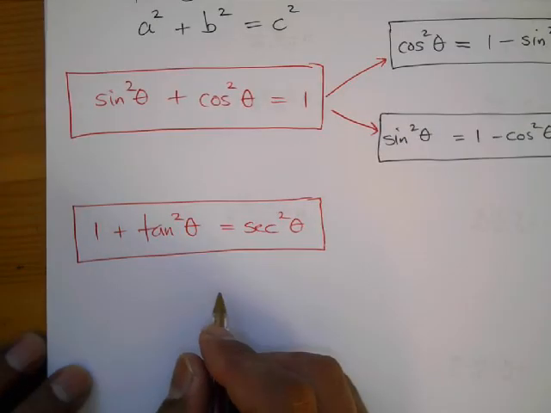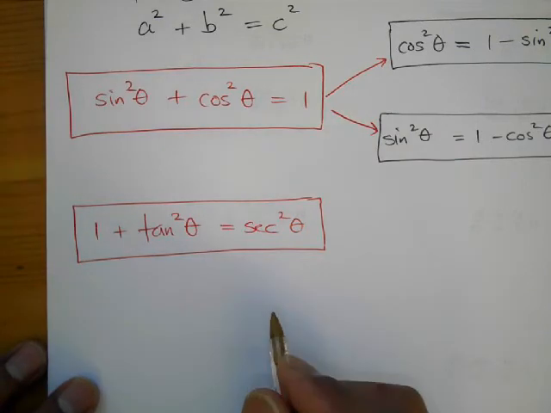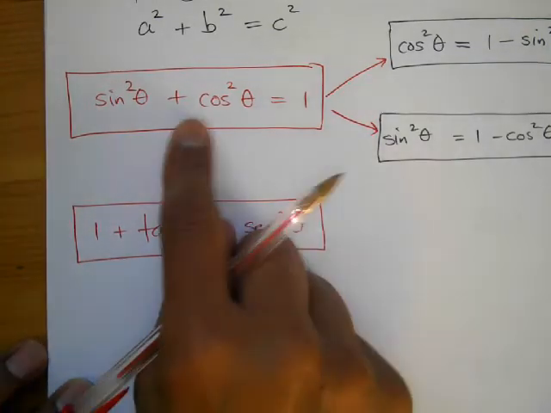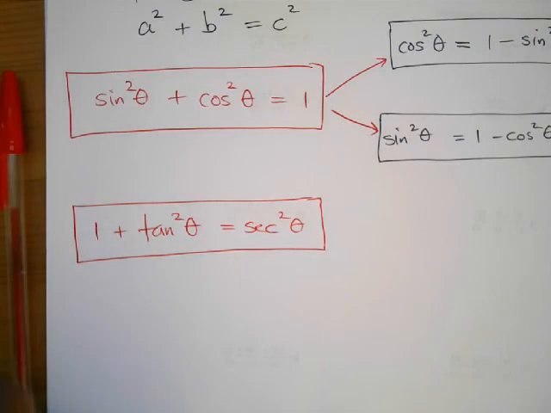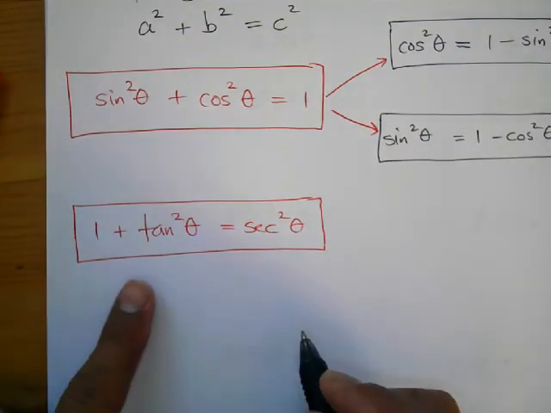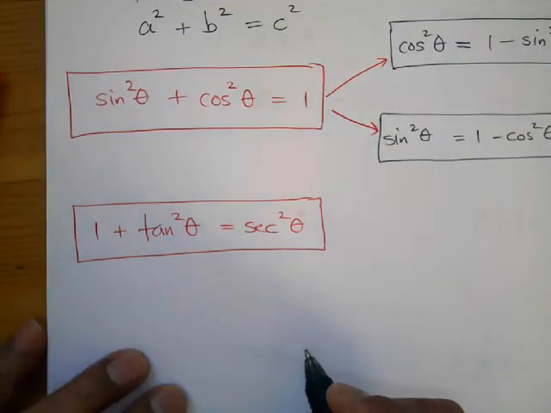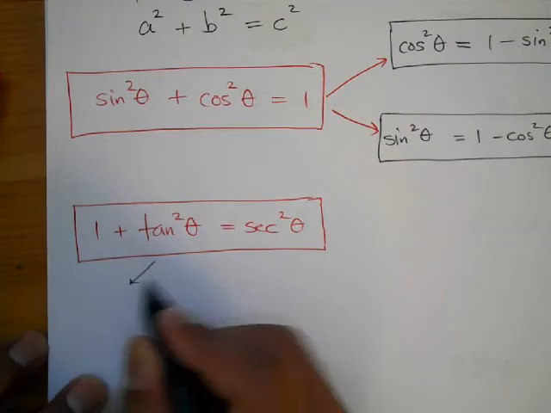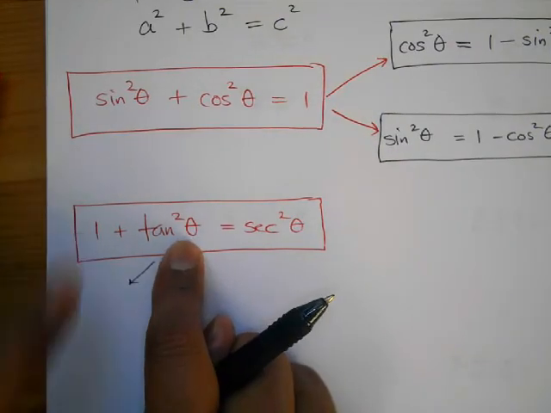And from here, again, there are also two ways I can look at this. What's another way you can rewrite this? Well, I can solve for tan squared.